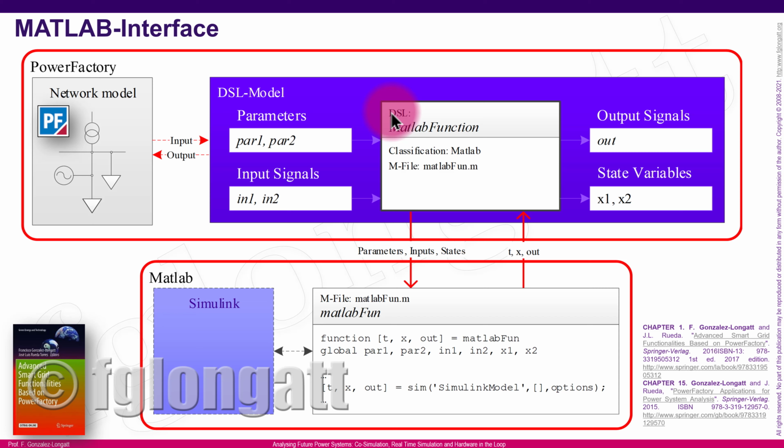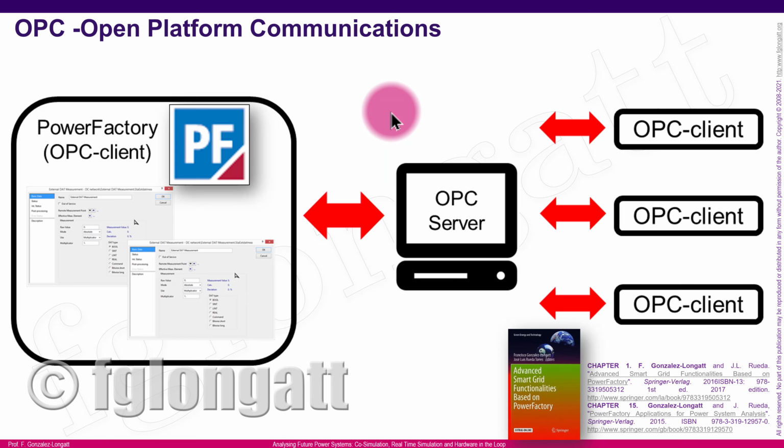But if you are interested, for instance, in integrating hydrogen, which is another domain, and you want to replicate the behavior of electrolyzers and all the pipes, pumps, and storage related to hydrogen, you can use another software more adapted to this kind of modeling and simulation, like MATLAB. Using just an interface between those software, you can establish the communication.